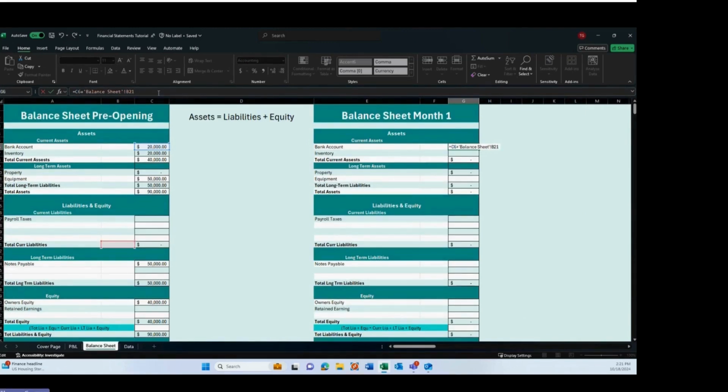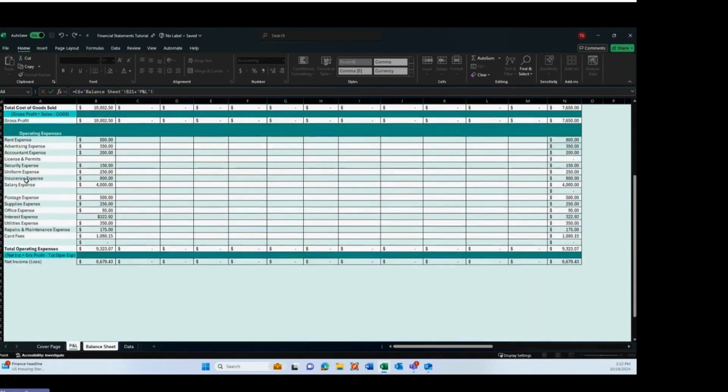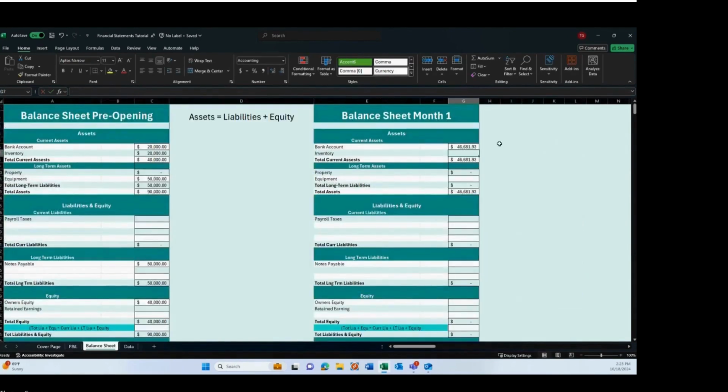But that's not all, because we've also got our profit or our loss that we have to add on to that, because we made a surplus in the month of January of $8,679.43. So we also have to add that in. And there we can see our bank account or our cash account has gone up to $46,681.93.